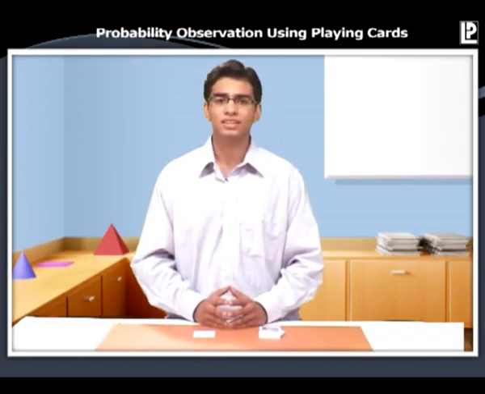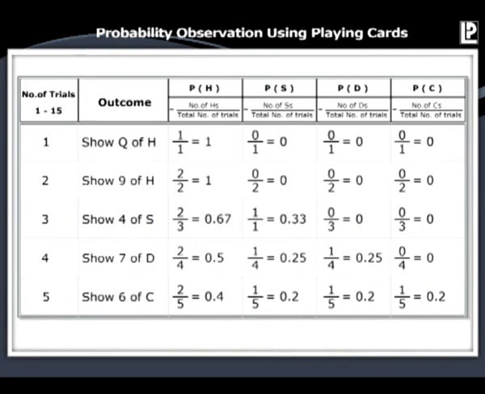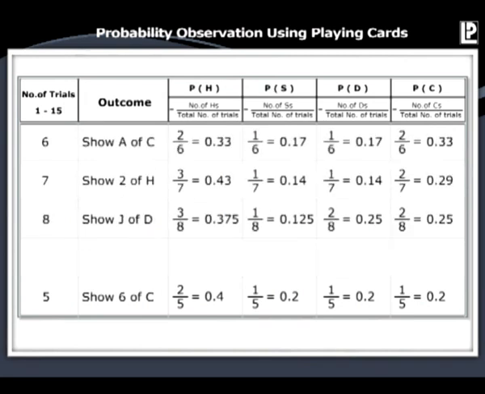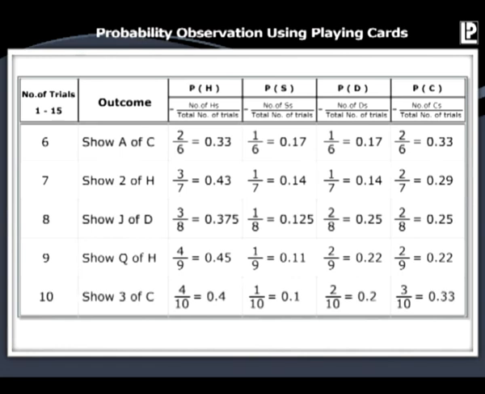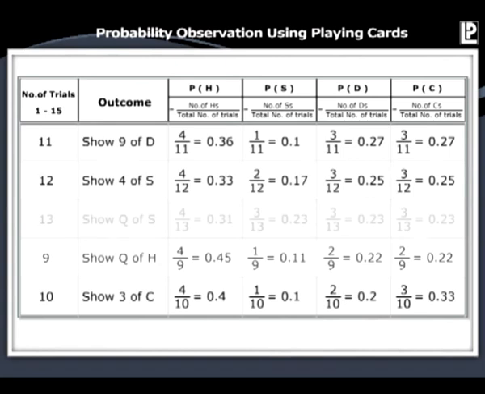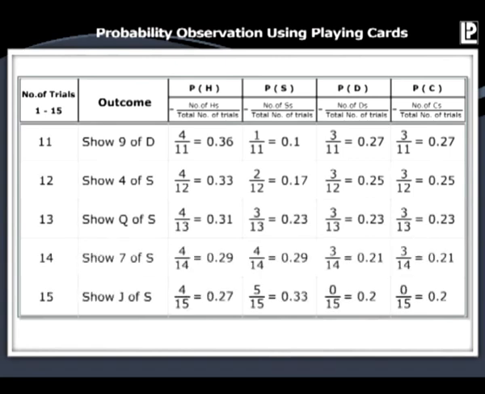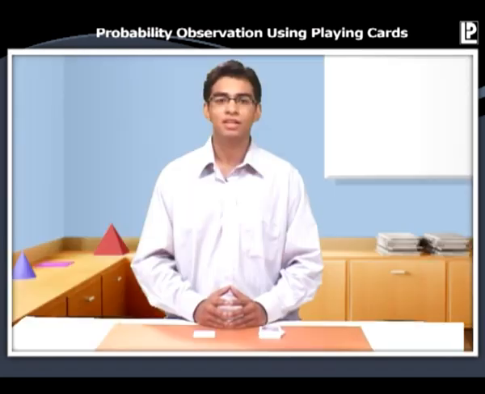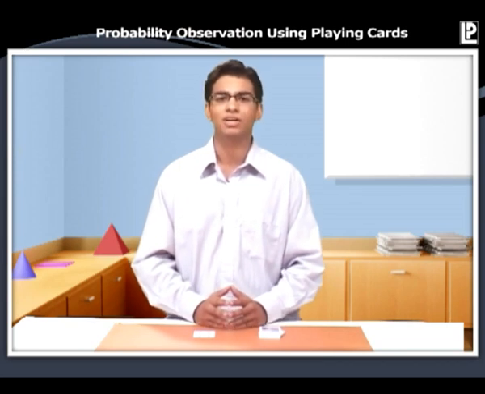We've gone ahead and conducted the rest of the trials. We've tabulated the experimental probability of each event for the 15 trials. Let's have a look at them. Let's now represent these experimental probability values in a bar graph.